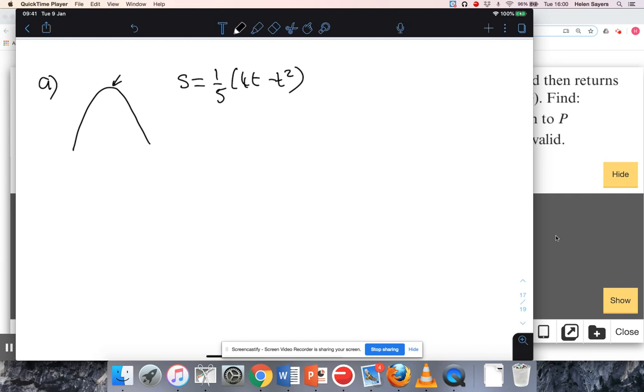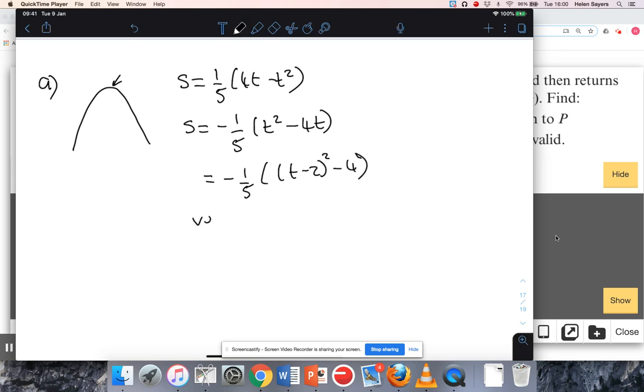So let's complete the square, or to be honest, you could just put this straight into your calculator. So I'm going to take minus out as a common factor and change those brackets to t squared minus 4t. So that's going to become minus a fifth, t minus 2 all squared, minus 4.